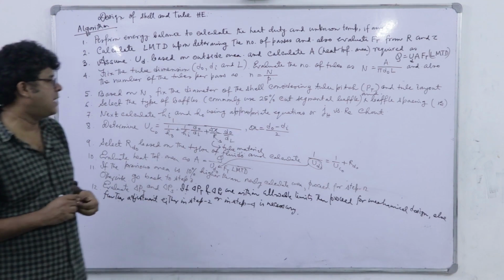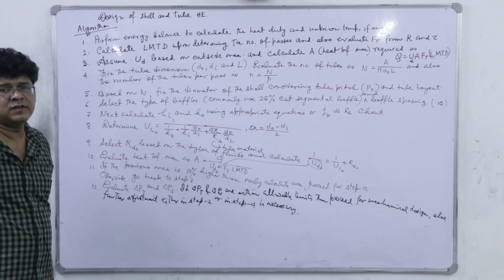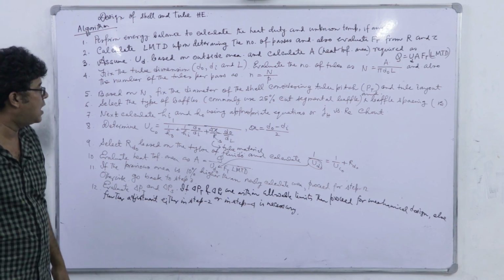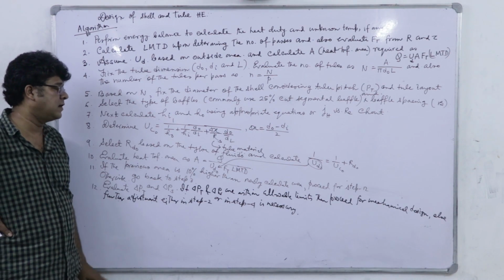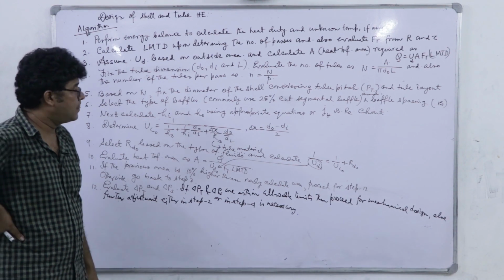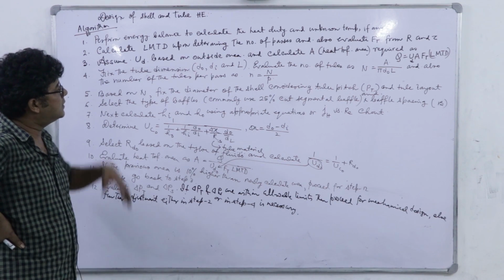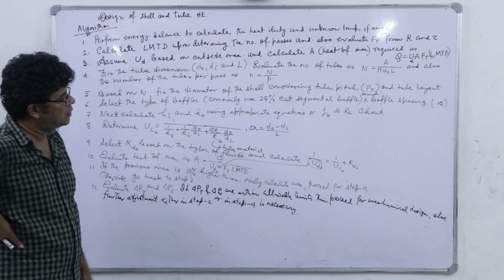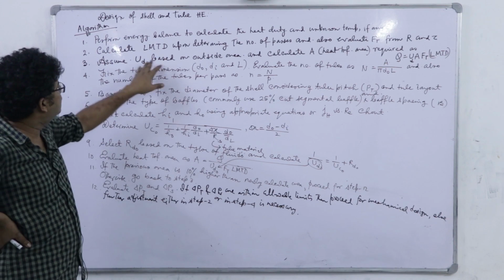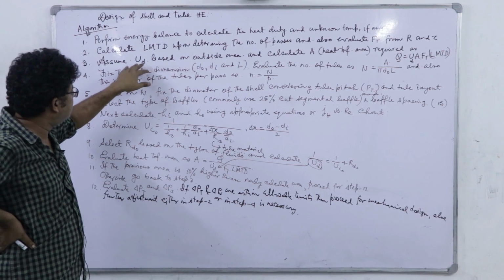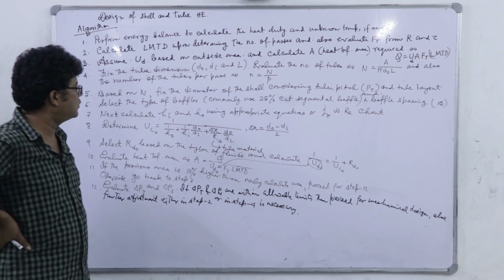Right. So that's the stepwise procedure of the shell and tube heat exchanger design method outlined by Kern. So you see that it is an iterative method, and that's why you have to be wise in choosing this UD and also the tube dimension.